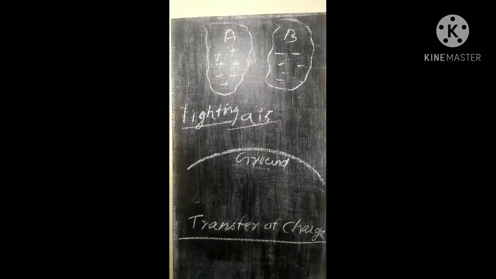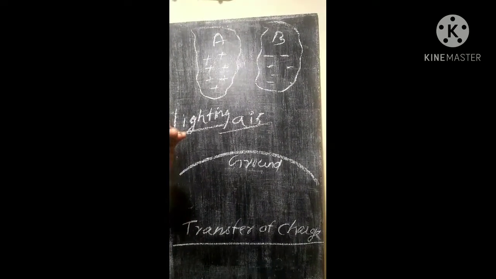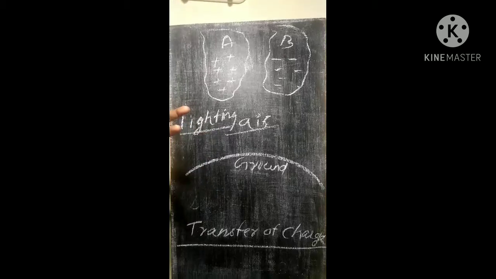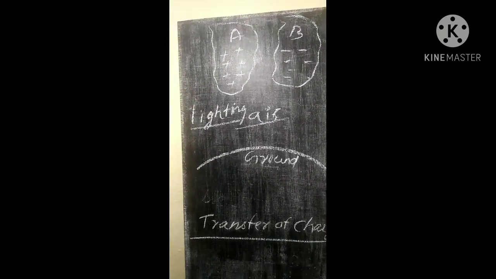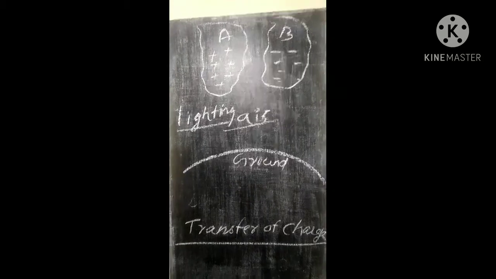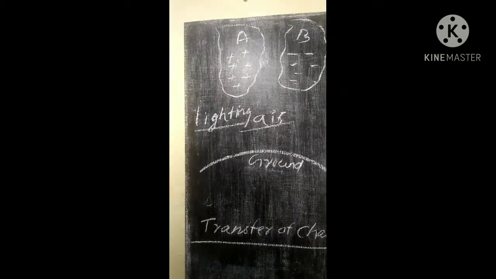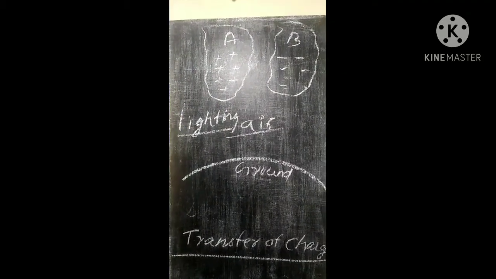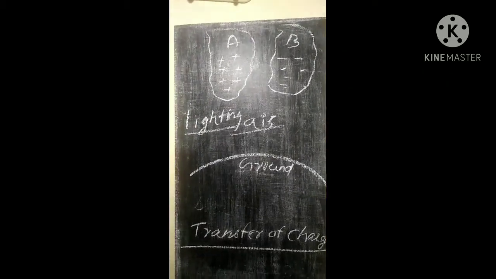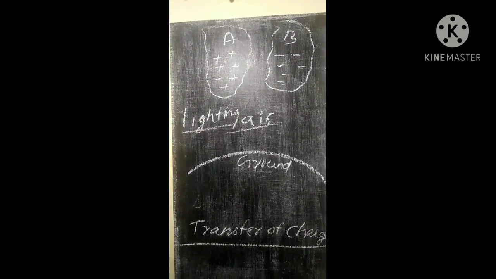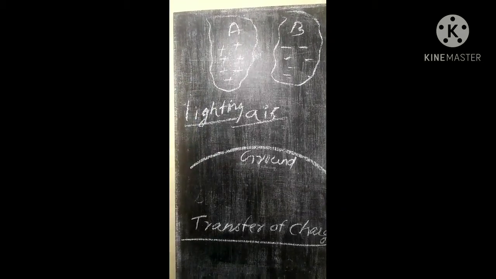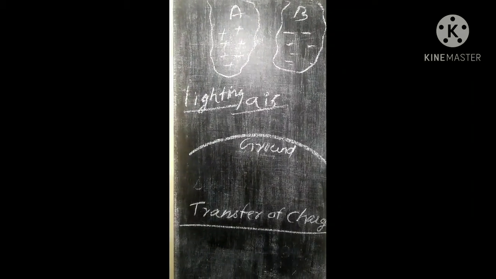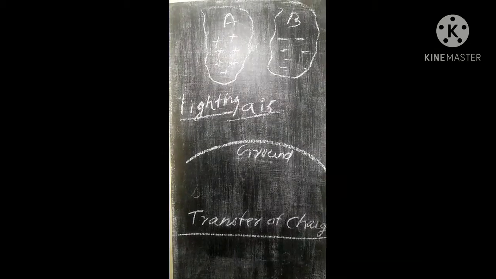And in our house also we can see discharging, or some spark of charges, when we plug in, or when we switch on the lights, we can see a spark of light at times, or when we insert the pin into the socket, we see sparking.